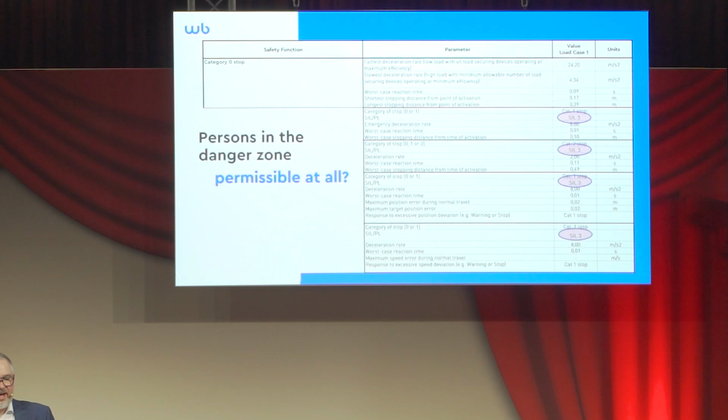And of course, if you're working with persons in the danger zone, you can very quickly understand, from the design intent of the manufacturer of the machine, whether it is permissible to have persons in the danger zone during motion, by identifying which safety levels or which SIL levels are actually achieved with the design of the system.